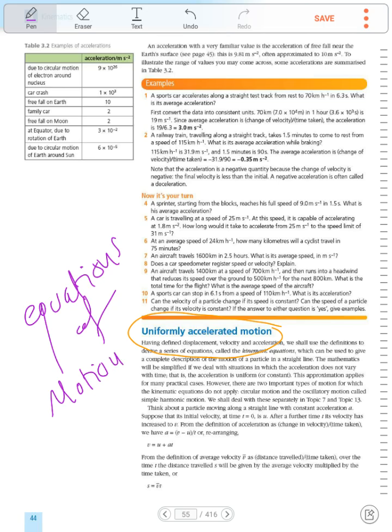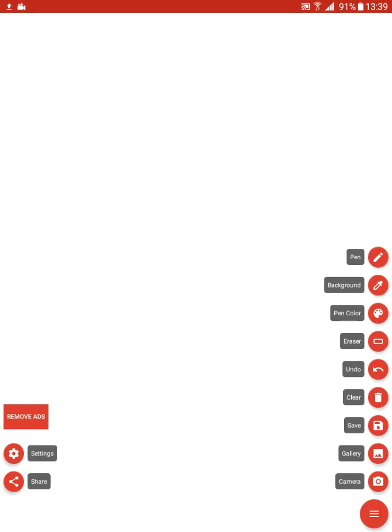Equations of motion are very important in mechanics and in physics. We have 5 equations, and the first one is v equals u plus at. u is the initial speed, v is the final speed, a is the acceleration, and t is the time.